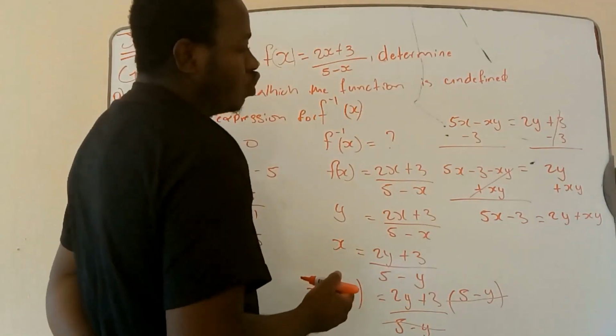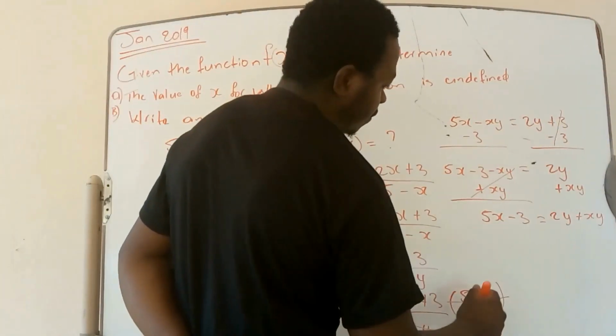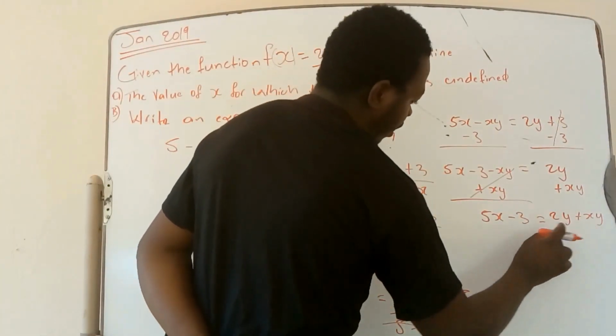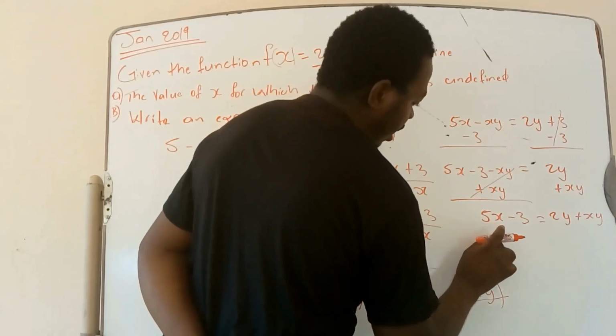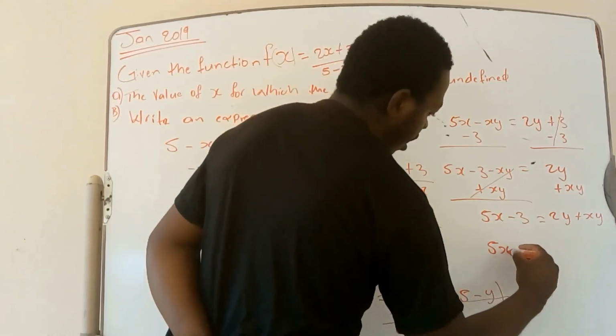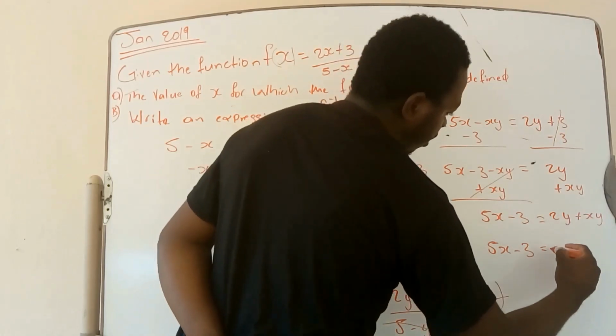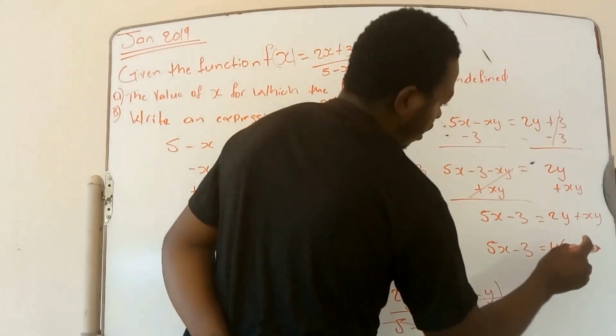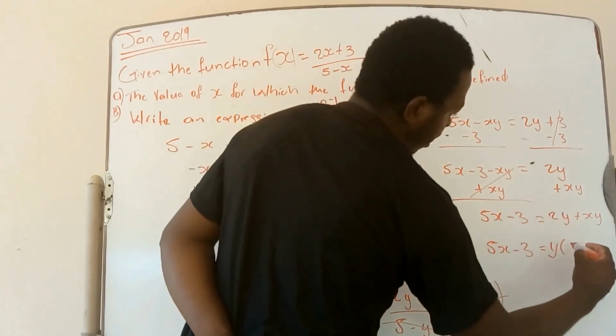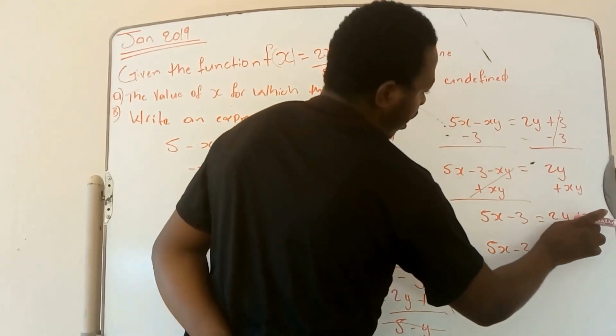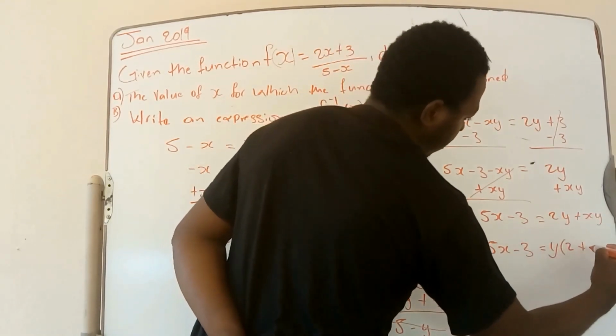Now what you need to do is factor out y here. If I factor out y out of this side, and on this side I'm going to keep what I have, which is 5x minus 3 equal to y, open bracket, factor out y out of the first term, that leaves you with 2. Factor out y out of the second term, that leaves you with plus x.